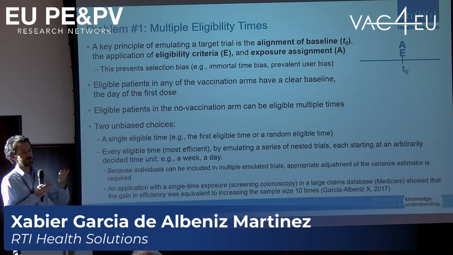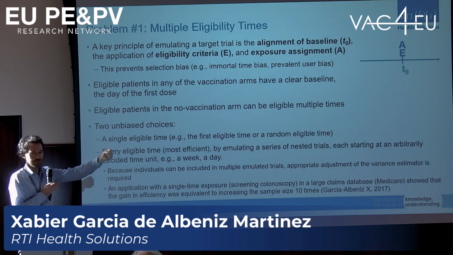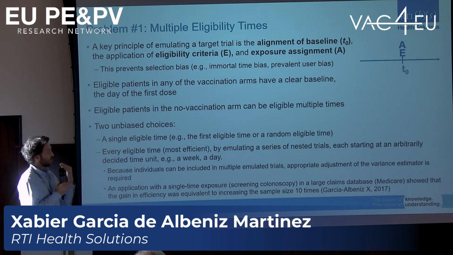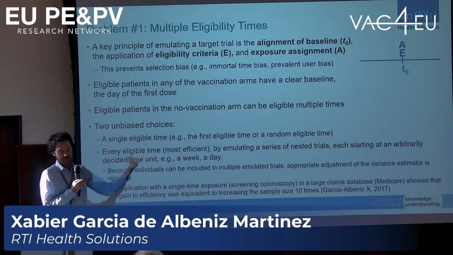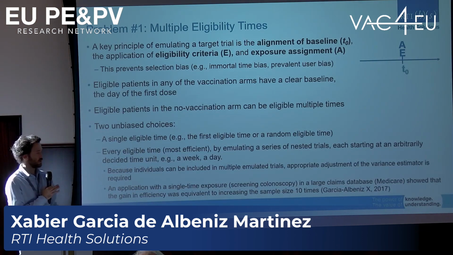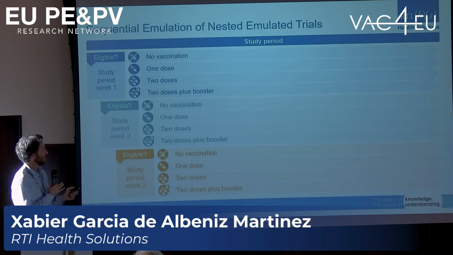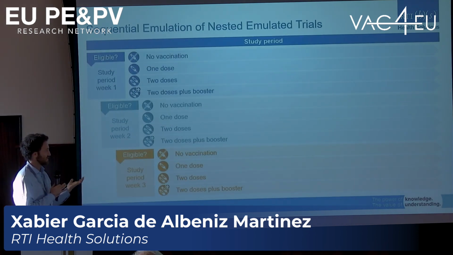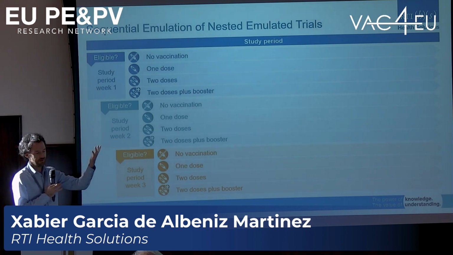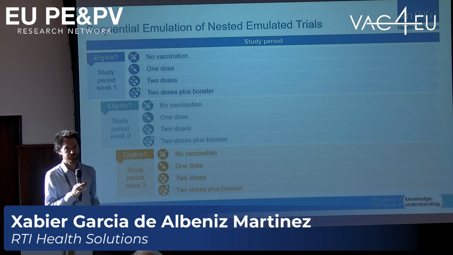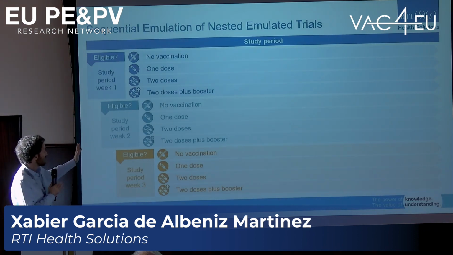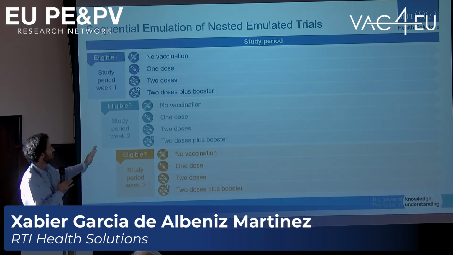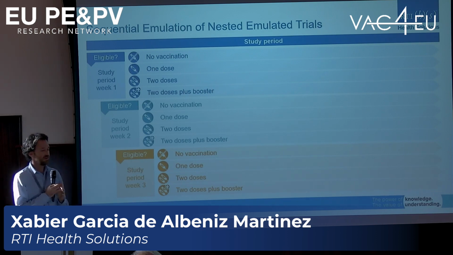Here I have two options. I can choose a single time zero for that person, a random one or the first eligible one, or I can choose every eligible time, and that's a more efficient approach. How do you do that? One way is what we have seen in many of the studies of COVID vaccines, where they divide the study period in weeks, for example, and each week they evaluate eligibility.